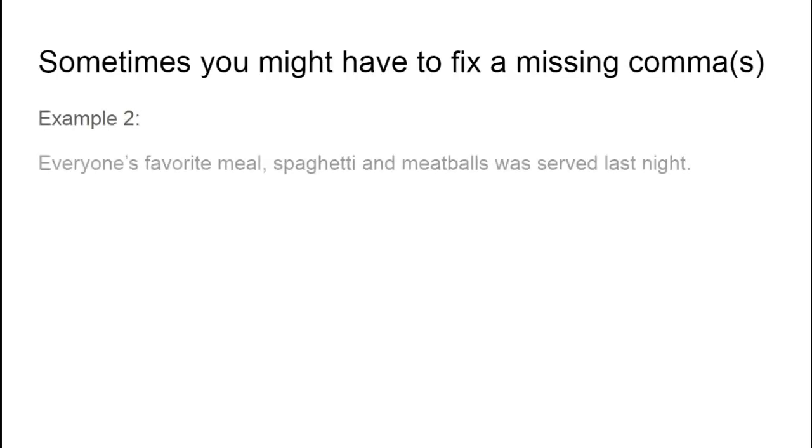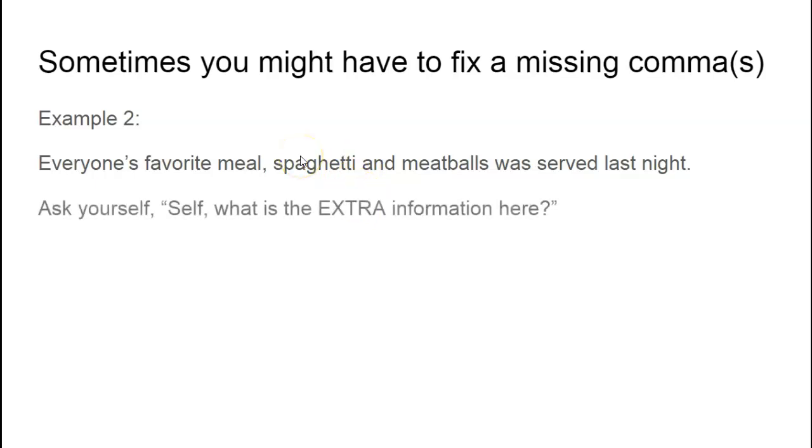So let's look at example 2. Everyone's favorite meal, spaghetti and meatballs, was served last night. Here we have 1 comma. So this 1 comma, if we think about last week, we're saying that this is extra information and this would be our sentence. And that's true, but also, what is spaghetti and meatballs really doing here?